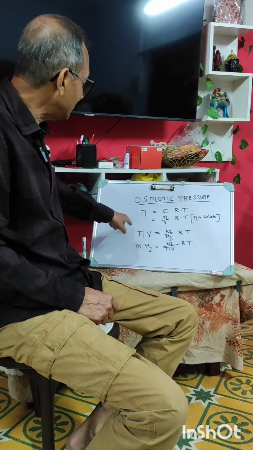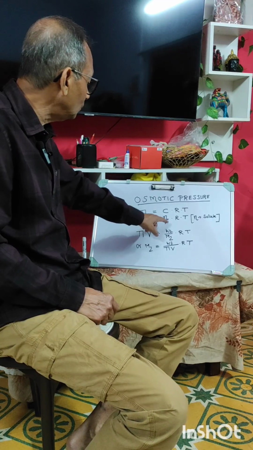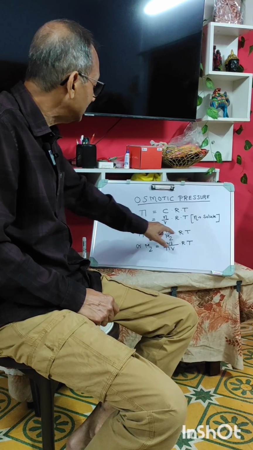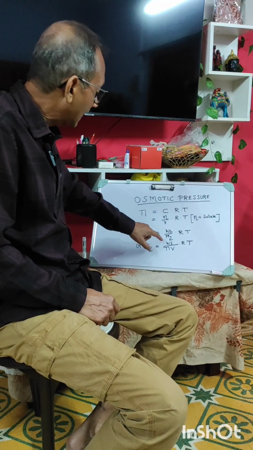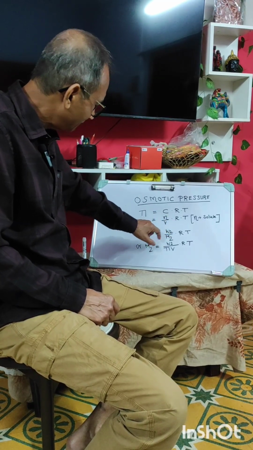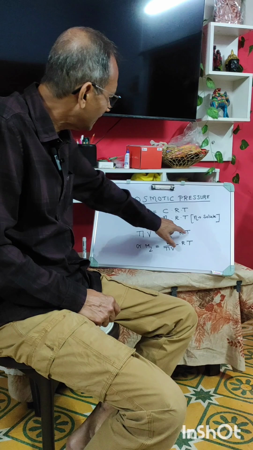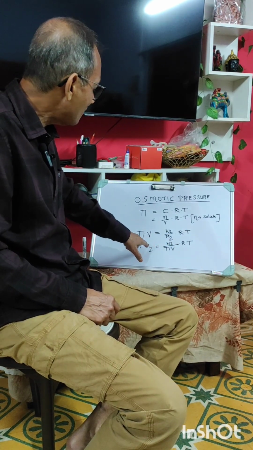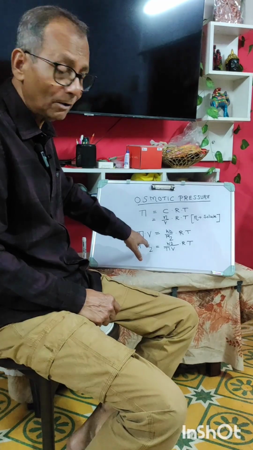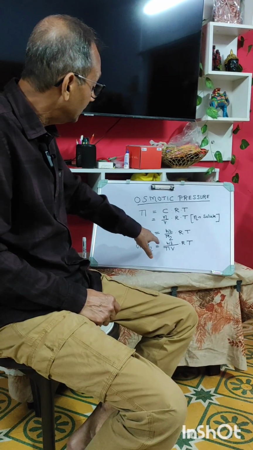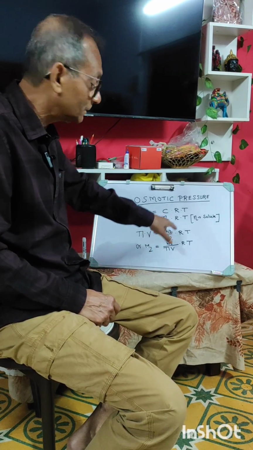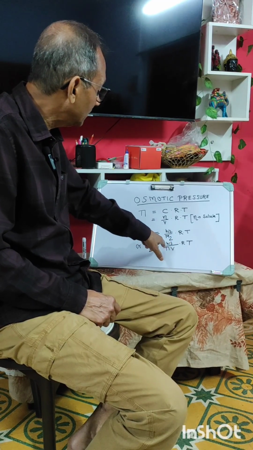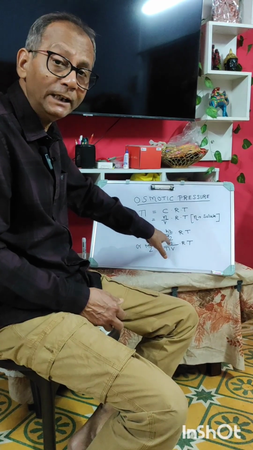So from here I can get pi V is equal to W2 by M2 RT. W2 is the weight of solute, M2 is the molecular weight, R is the gas constant, T is the temperature. So we can say M2, the molecular weight of this unknown solute, should be equal to the weight of solute into R into T divided by pi into V.